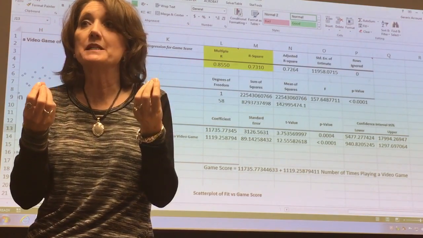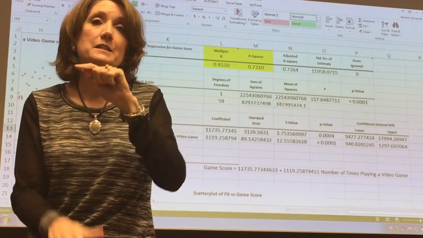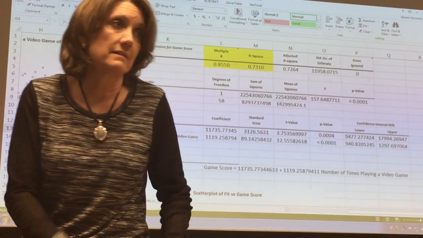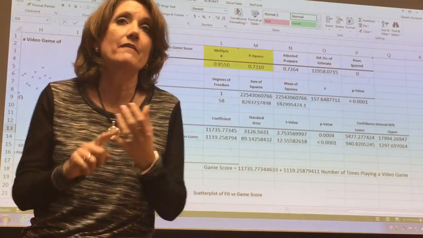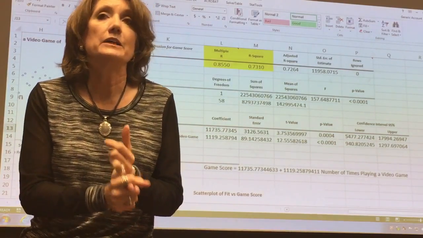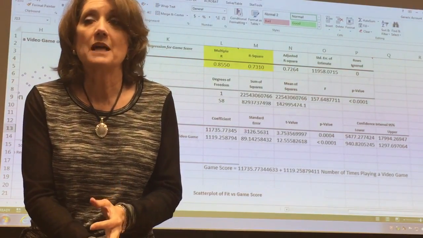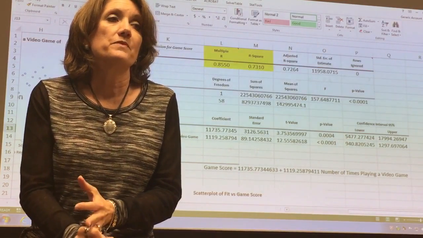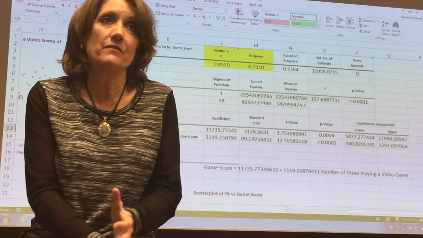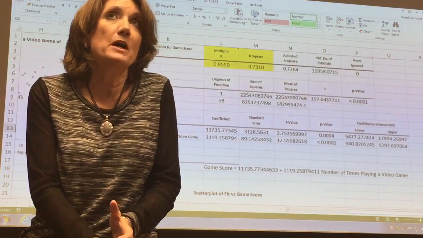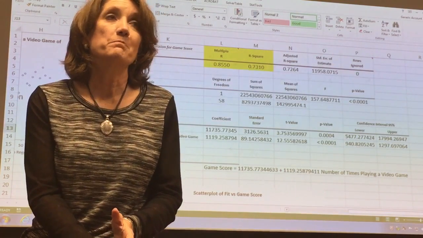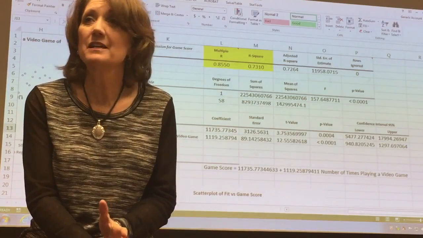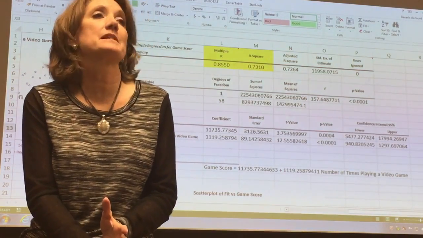So specifically for our model, we can explain 73%, that 0.731, okay, we can explain 73% of the variation in your game score by knowing how many times you played, or this person played. Okay, that's the 73%. That's the point. It's a much more meaningful explanation. That's why we use R squareds, okay, because they have that.